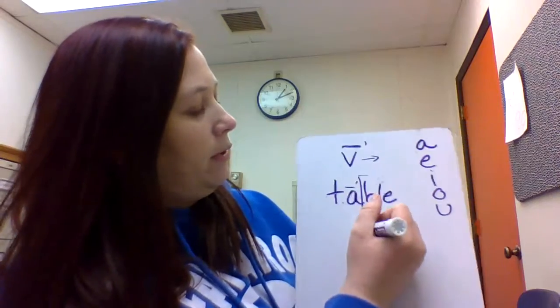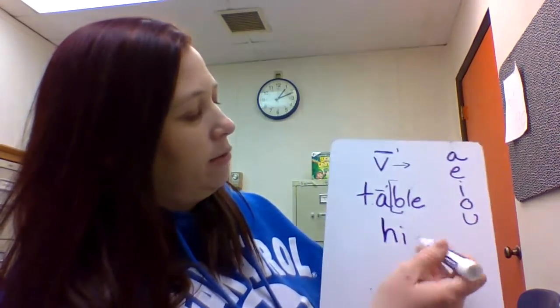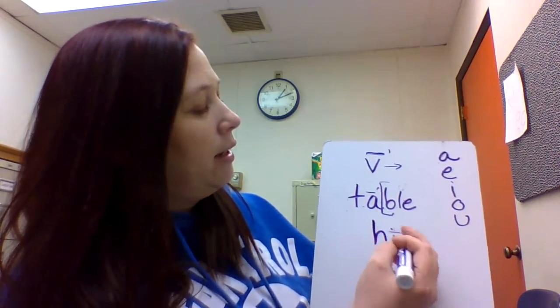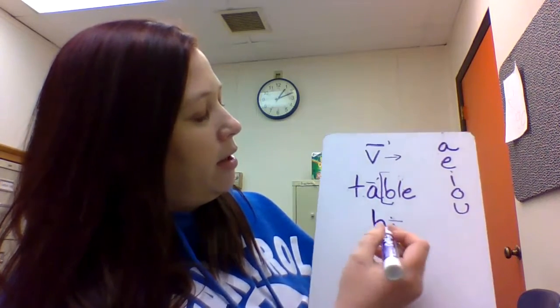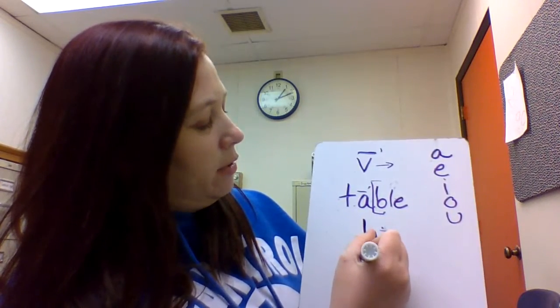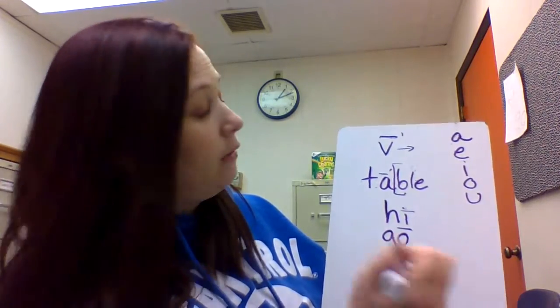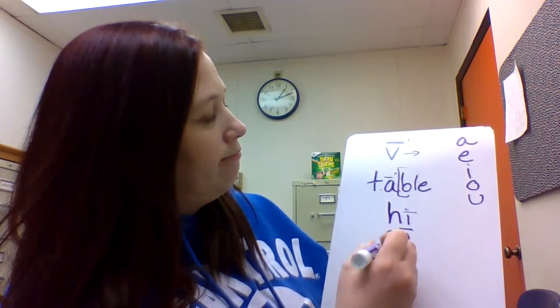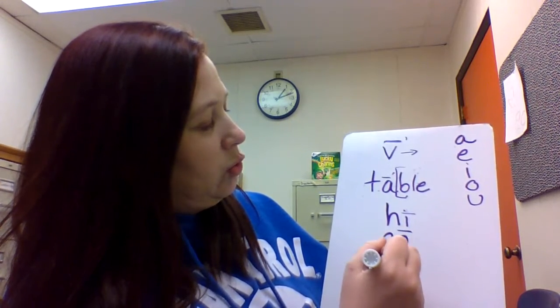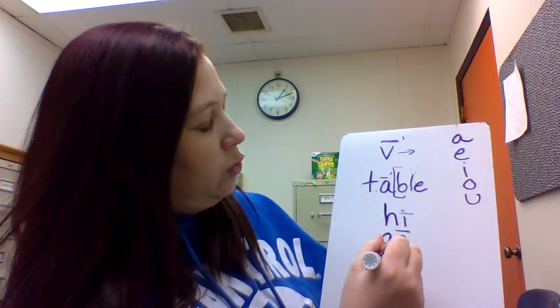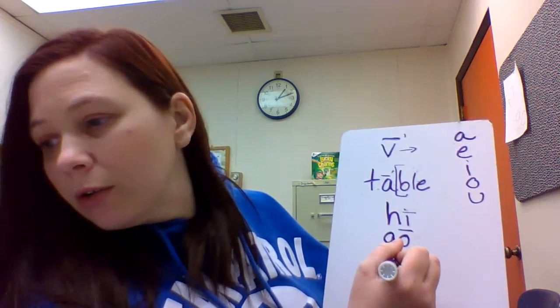So examples of this would be the word high. There's nothing there, so our I gets a macron. Go. Again, we have nothing, so our O gets the macron. And that's when it says its name. All right, what other words do we have that we could use?